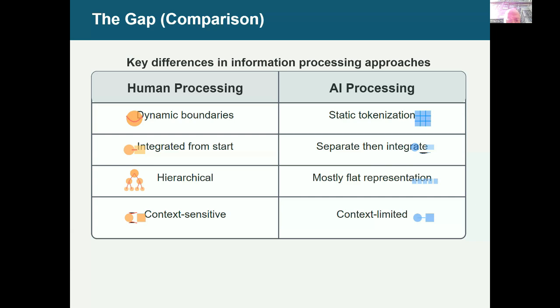Finally, humans are highly sensitive to content, adapting how they process information based on the situation. These differences create real constraints on how well current AI systems can understand and reason about multimodal information.